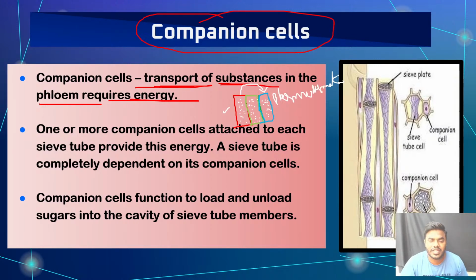Don't forget that, friends. What I mean to say, the companion cell is connected to the mesophyll cell by plasmodesmata, and the companion cell is connected to the sieve tube element also via plasmodesmata only. Kindly do not forget this particular point. It's a very simple point.